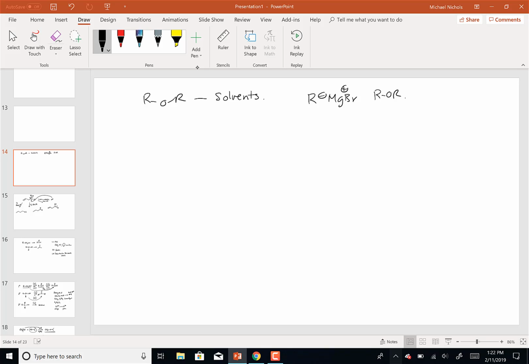The problem with them is, number one, they are flammable, and when you get to things like we use in lab, diethyl ether, its boiling point's only like mid-30s, and so its vapors form easily and they are very flammable. So in the lab, when we've used ethers, we've made sure that there's no flames.